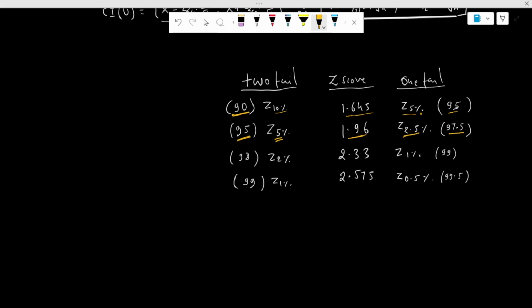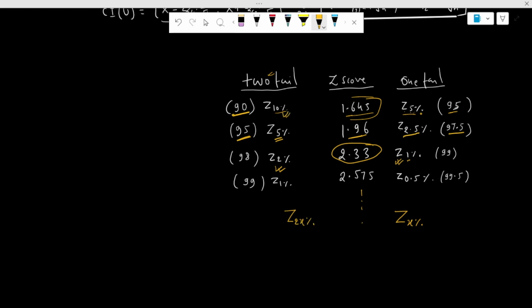Our confidence level is 95%. So the z score for alpha 5% in one tail is equal to the z score for alpha 10% for two tails. Similarly, the z score for alpha 1% in one tail is equal to the z score for alpha 2% for two tails. So this indicates that the z score for x% in one tail is equal to the z score for twice x% in two tails.